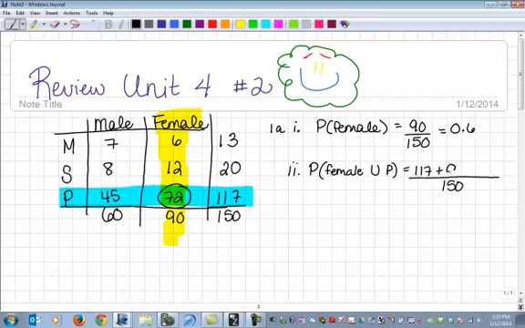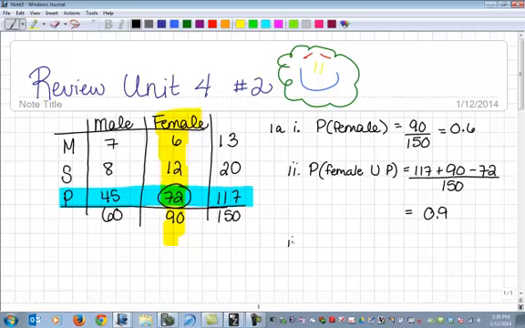I have 90 that are female. However, of those, I've counted the 72 twice, so I need to actually subtract that out. So I'm going to subtract 72, because that went in there twice. See how the highlighted is counted twice? And if I put that in my calculator, I get 0.9.